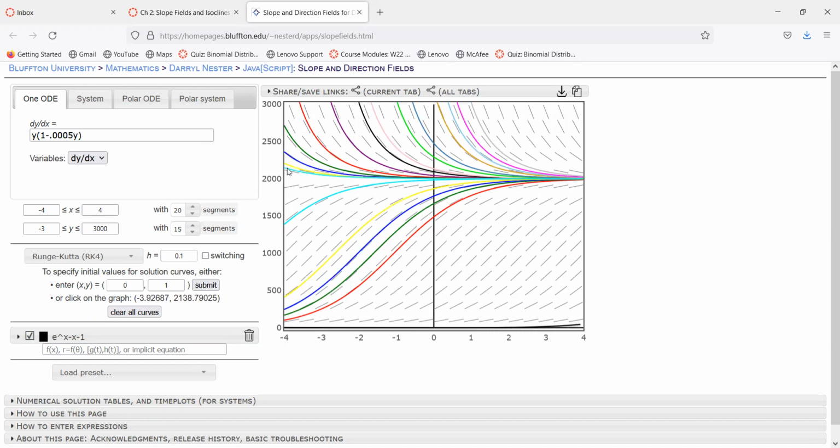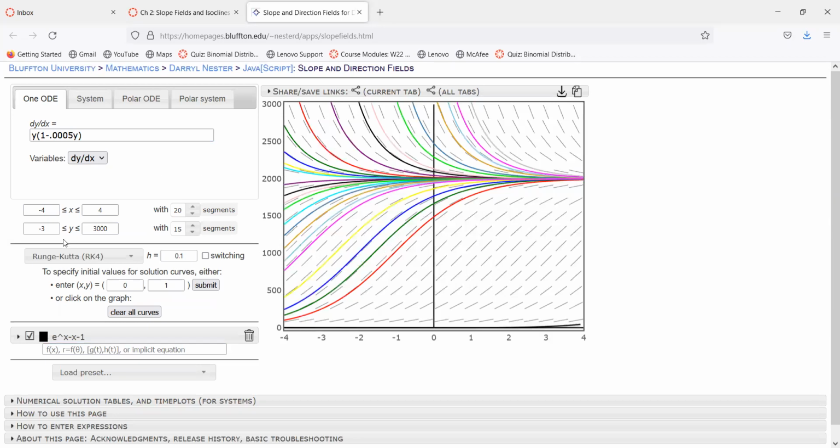Continue clicking on your page and see the rest of the solutions. As you can see, all of these curves are converging to n equal to 2,000.